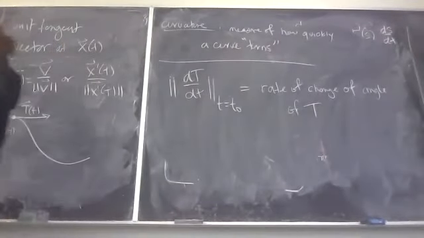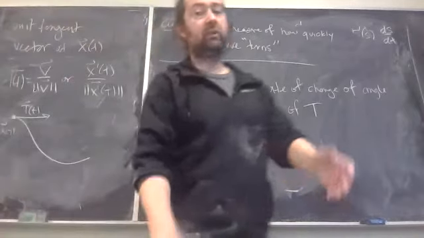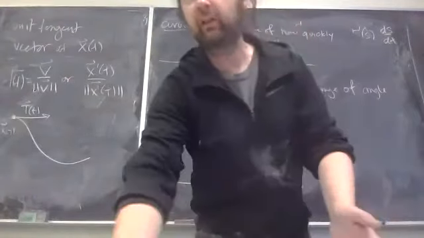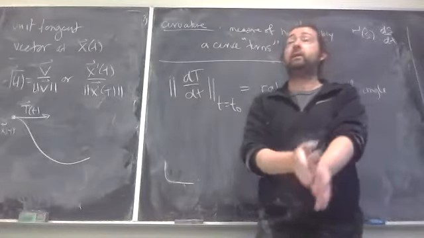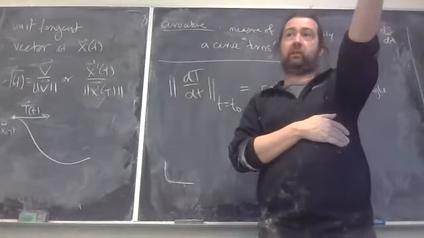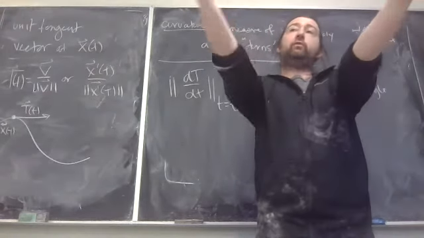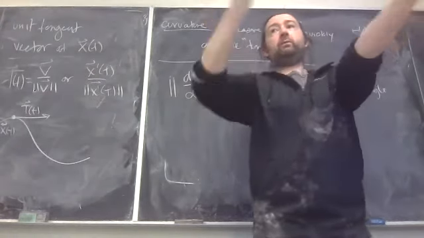Why should that measure curvature? What is the angle of T of t like? Imagine this instantaneously. This is an instantaneous quantity. If I have a tangent vector telling me the direction I'm pointing, and I take its derivative, what that's telling me is where it looks like in the future my angle is going to be sweeping through as I change.